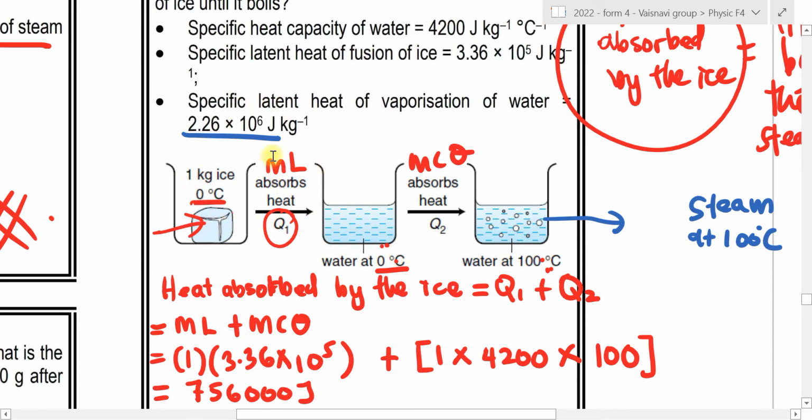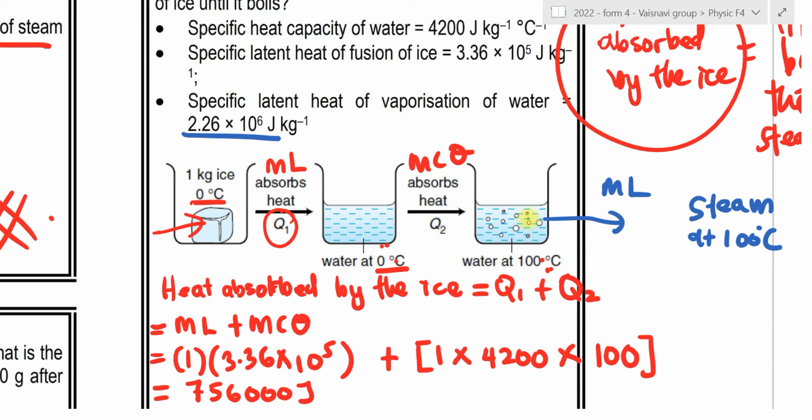That is the latent heat of fusion. Then the water doesn't change phase, so it is just the temperature change, so mc theta. After the water reaches 100 degrees Celsius, it becomes steam at 100 degrees Celsius. Now it is a change in phase, again ml.